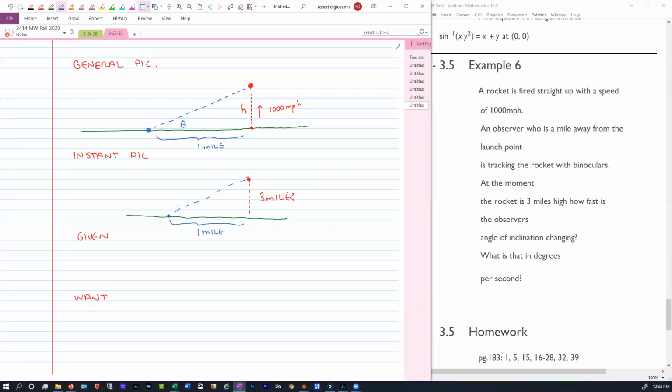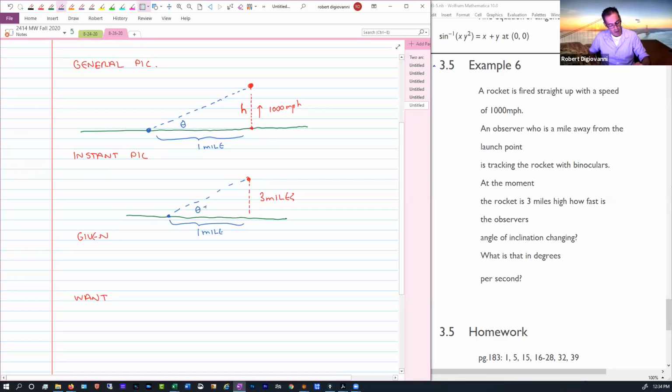It's fixed. Now I don't know it right now, but it is a number, and I could go figure out what it is. I could use some trig functions, because I actually know the opposite and adjacent sides. If I know 2 sides of that right triangle, I should be able to recover the angle. I could use some trig on my calculator, but I'm not going to. I'm just drawing this picture.